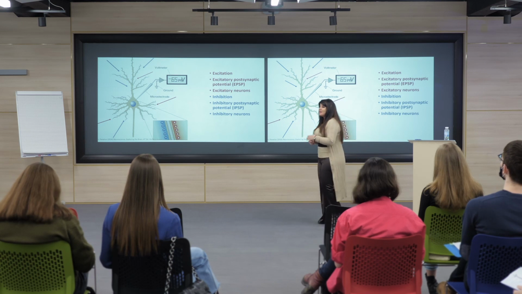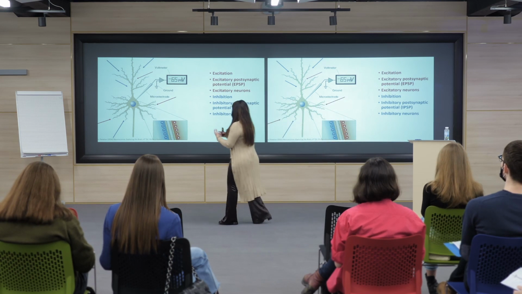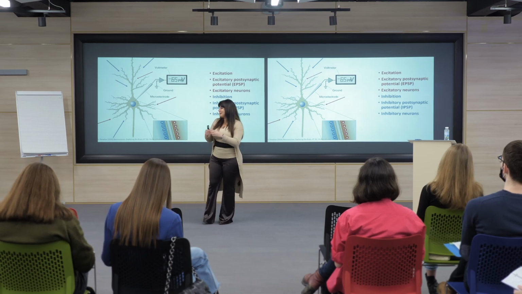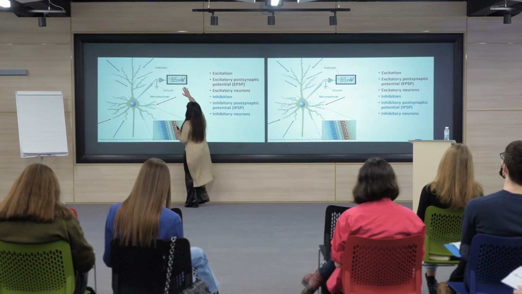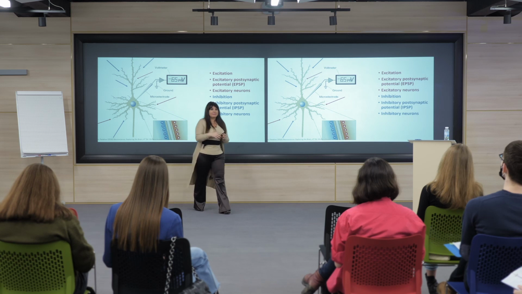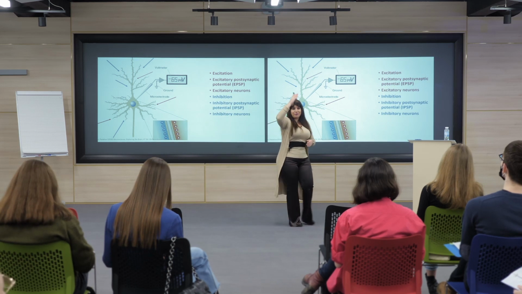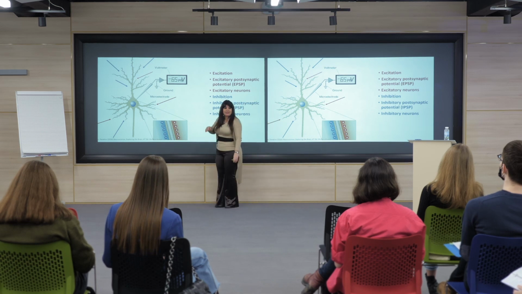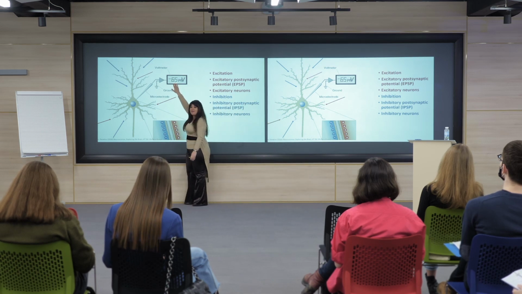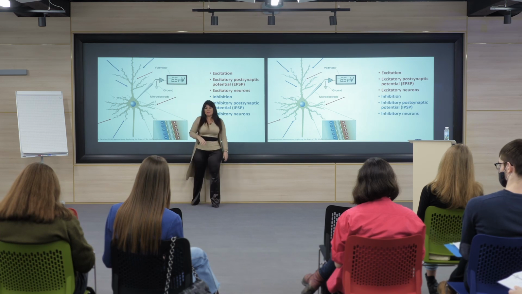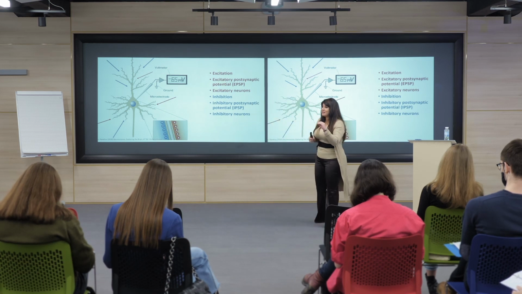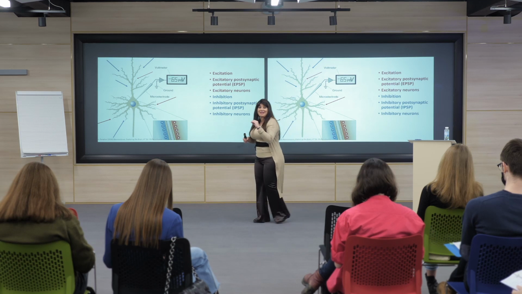If I say a neuron is excited, that means this minus 65 millivolts is becoming minus 30, or plus 10 millivolts, going through the positive scale. If I say a neuron is inhibited, that means that this minus 65 millivolts is becoming even more negative, minus 80 millivolts, for example. So minus 65 millivolts is our reference point, the reference resting state of a neuron.